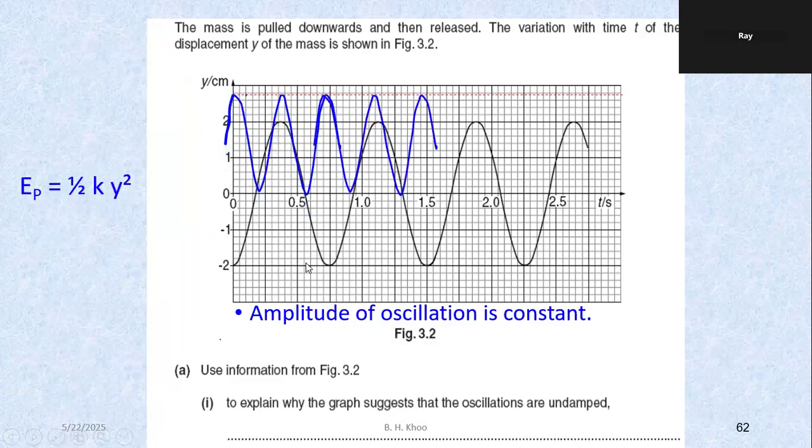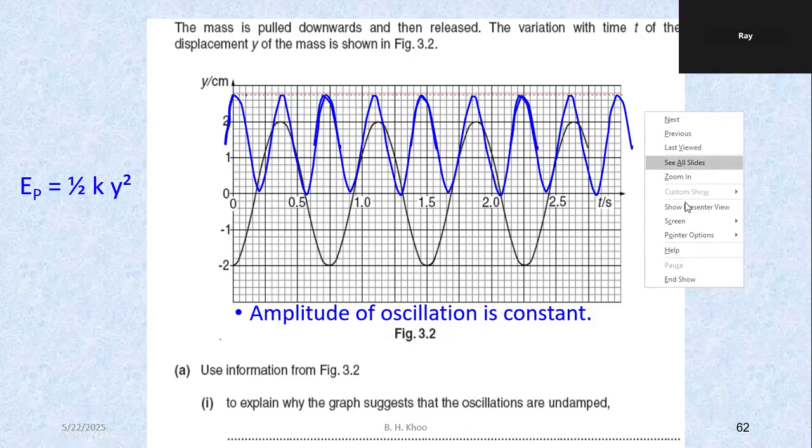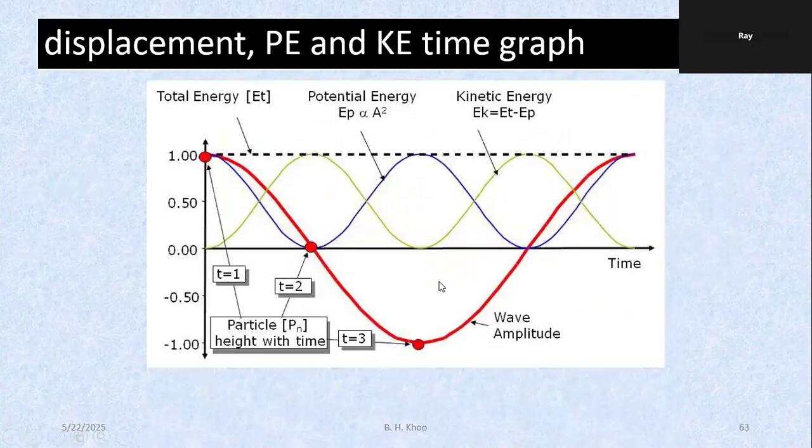Just draw that. You square that, negative becomes positive. But remember, this is sinusoidal, so not sharp. Right? Sinusoidal. Something like that. This is a displacement time graph, and then this one is a potential energy.